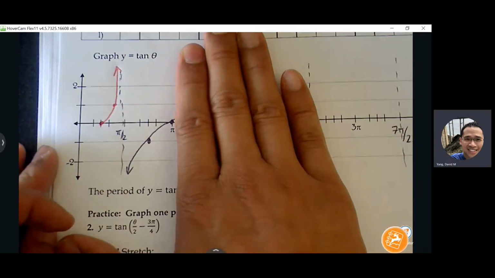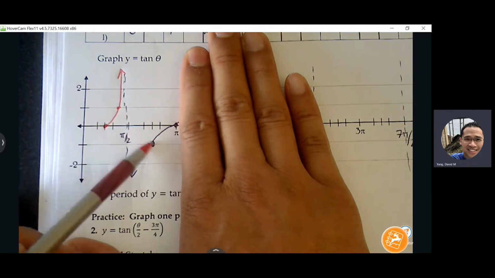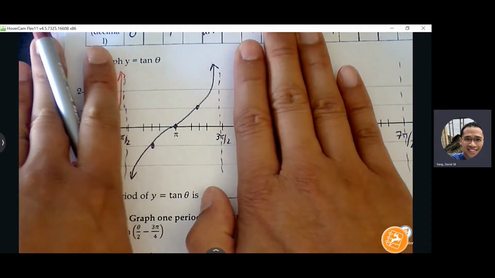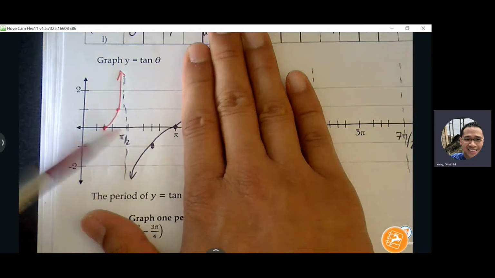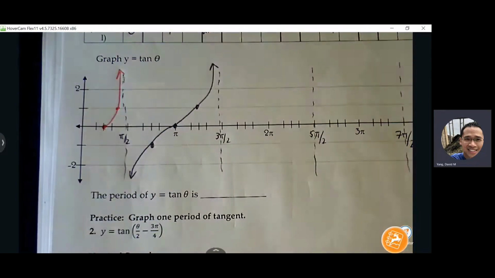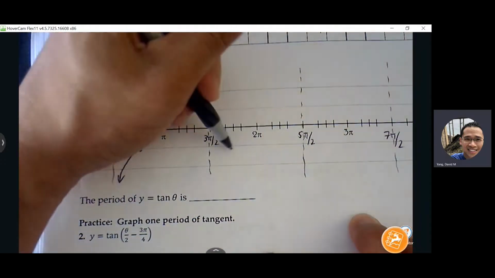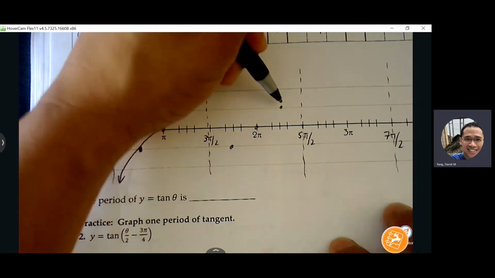Your tangent graph looks a little bit strange just because it looks like I'm seeing two halves of the same graph. I can get the full graph if I start at pi over 2, but if I'm showing from 0 to pi, it's not going to look as clean as cotangent. Okay, so we can finish off the rest of the graph here. Just make them all go from -1, 0, 1.